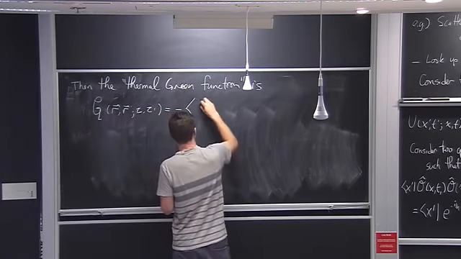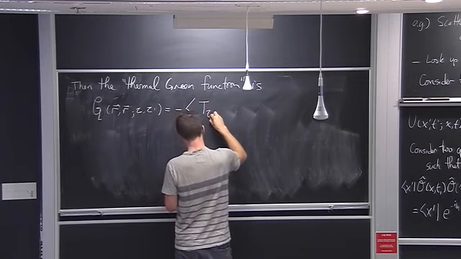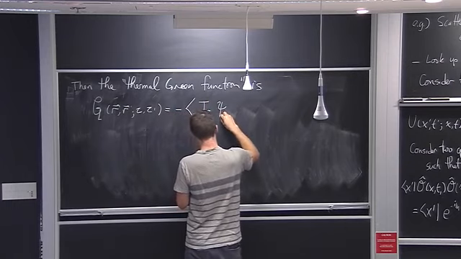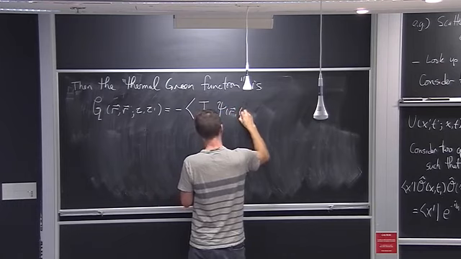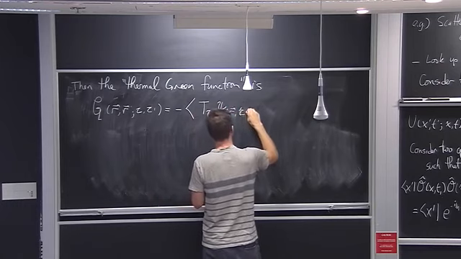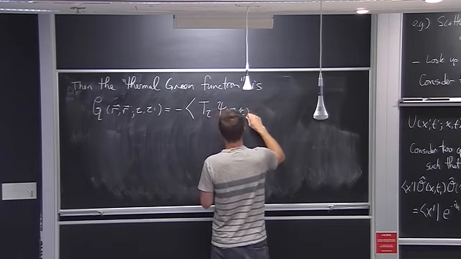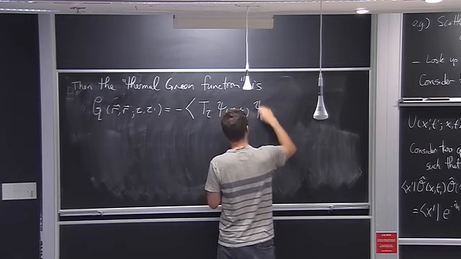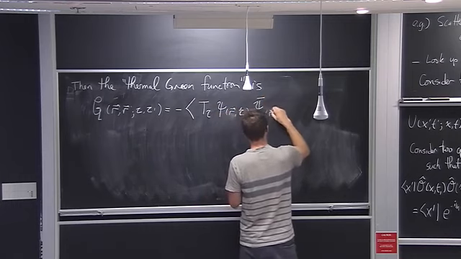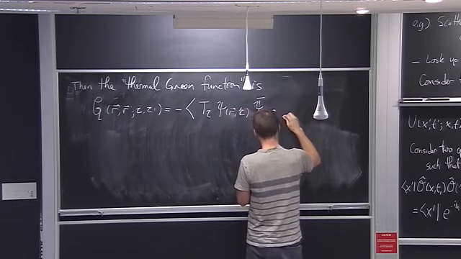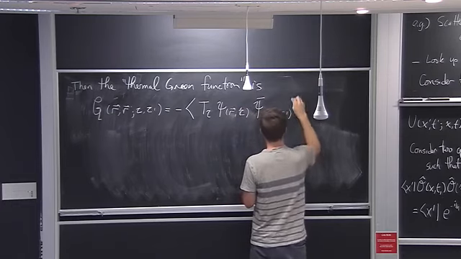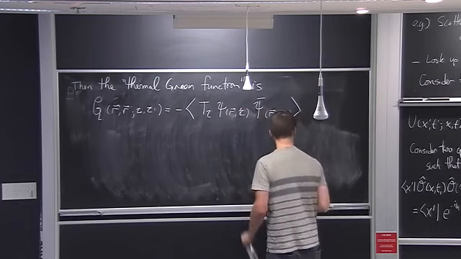It'll be the expectation value of an explicitly time-ordered product of operators. Tau, tau prime.